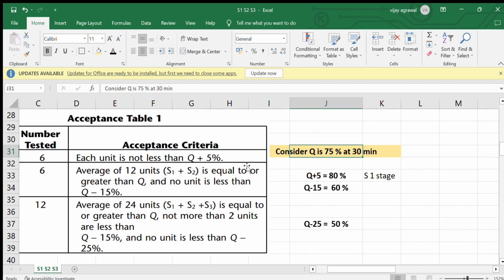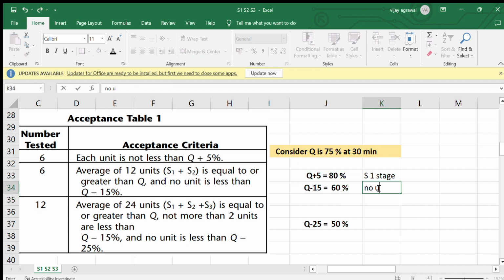So the average of the 12 units should be at least equal to or greater than 75%, and no unit is less than Q minus 15%. There will not be any unit releasing less than Q minus 15. That means 60%. No unit is less than 60%.